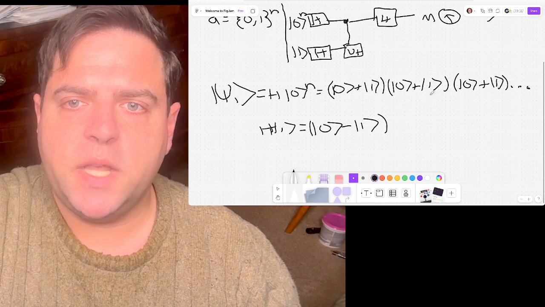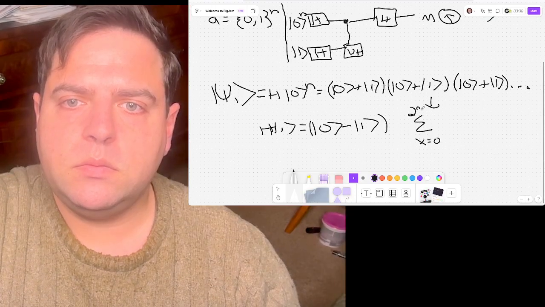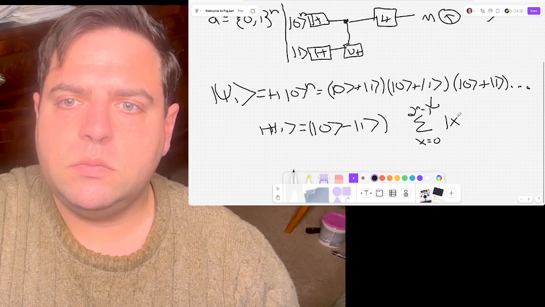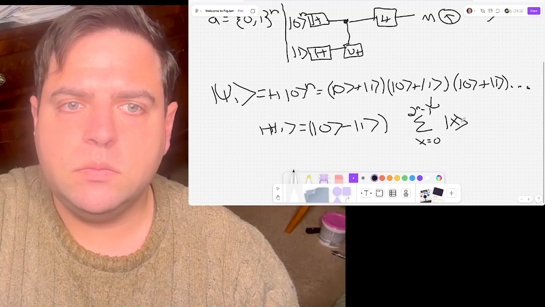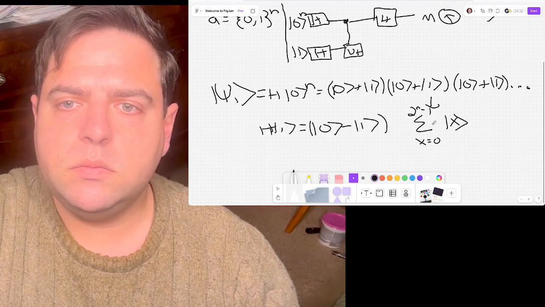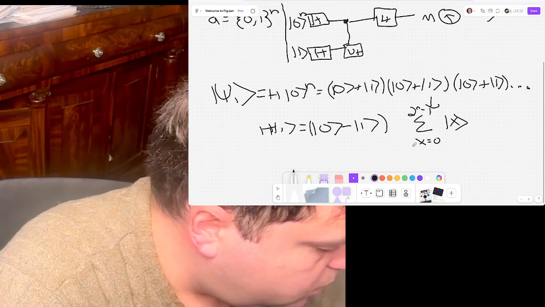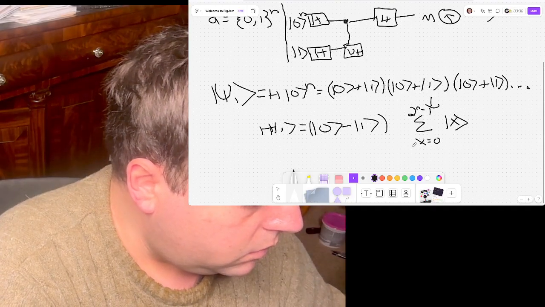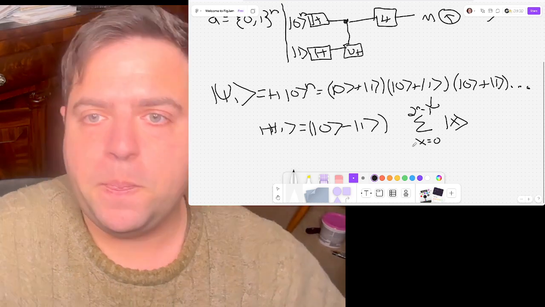But we're actually going to represent it like this, where x is going to go over 0 and 1. Let me double check my notes to make sure I'm not missing terms. No, all good.